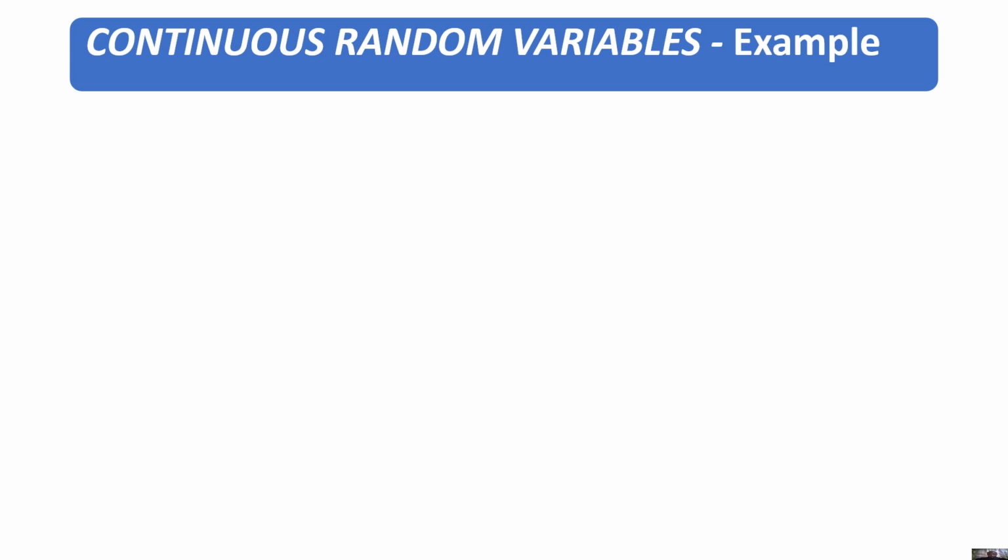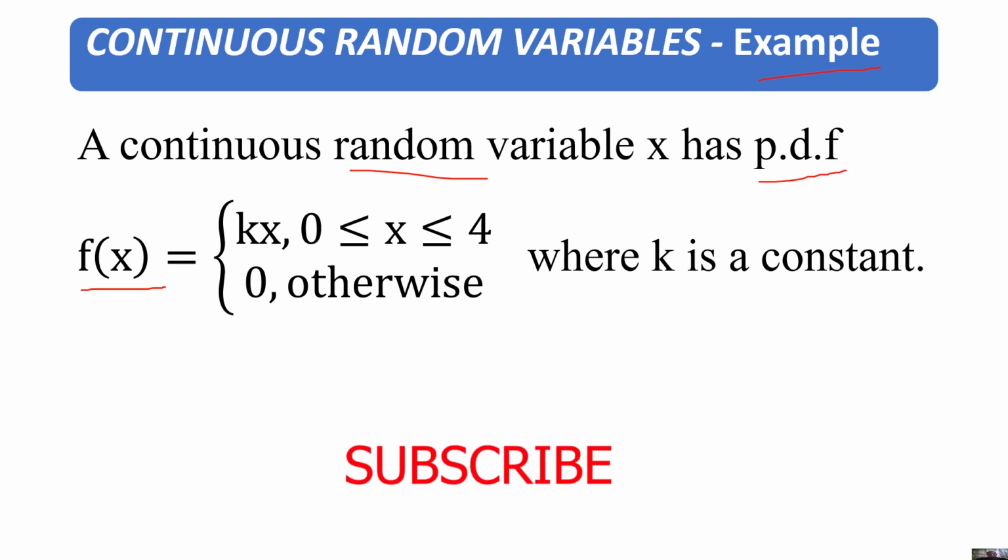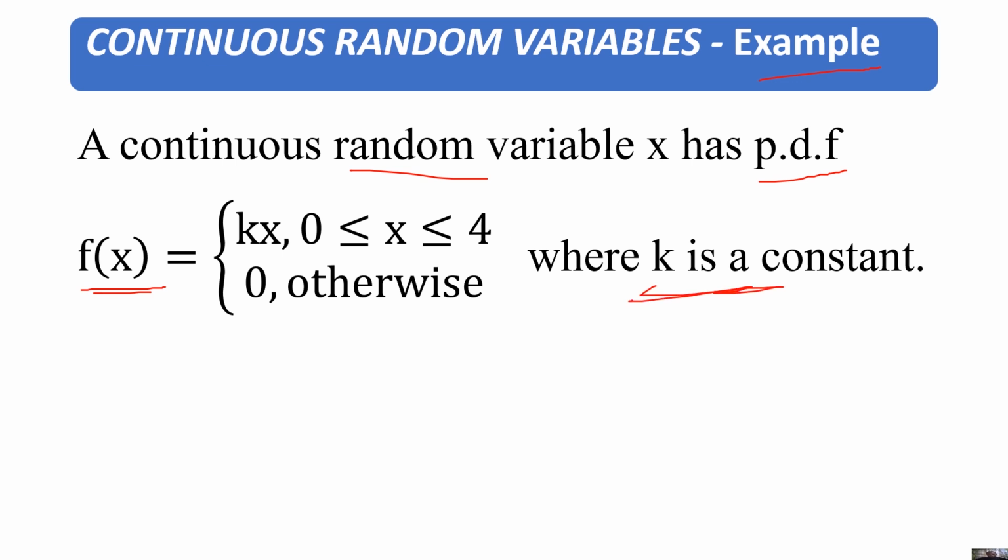We have a continuous random variables example. A continuous random variable x has probability density function given by f of x equals kx, where 0 is less than or equal to x less than or equal to 4, and 0 otherwise, and k is a constant.